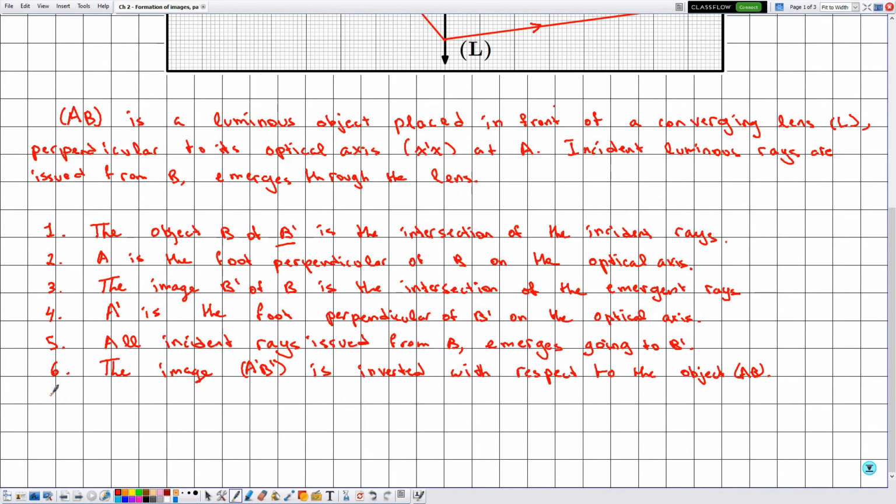And now idea number 7. Because of this, we can deduce the nature of the image. So in this case, the image A prime B prime of the object AB is real because it is inverted with respect to the object AB.